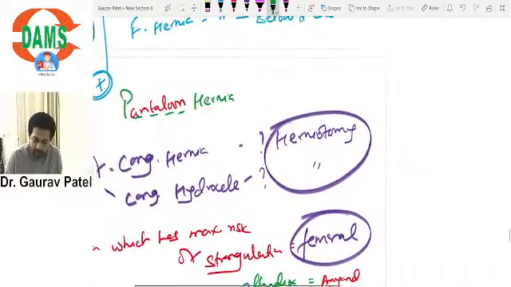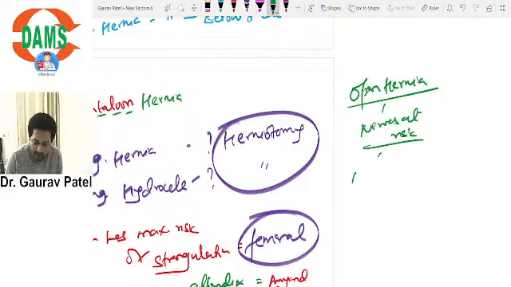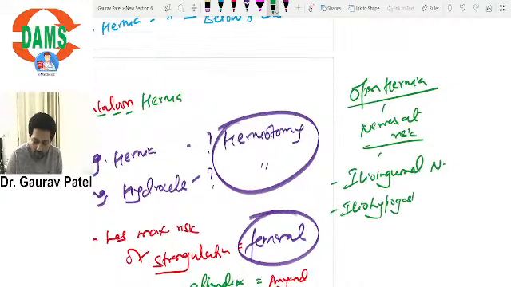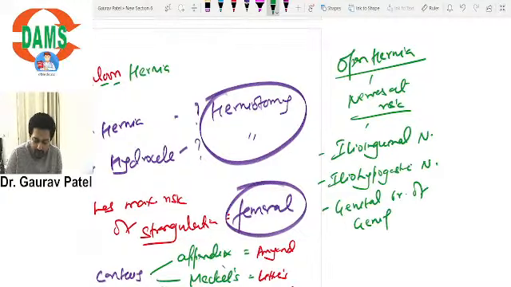In open hernia, the nerves at risk are the ilioinguinal nerve, iliohypogastric nerve, and the genital branch of the genitofemoral nerve.